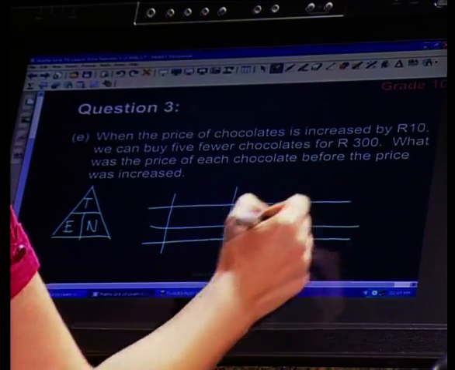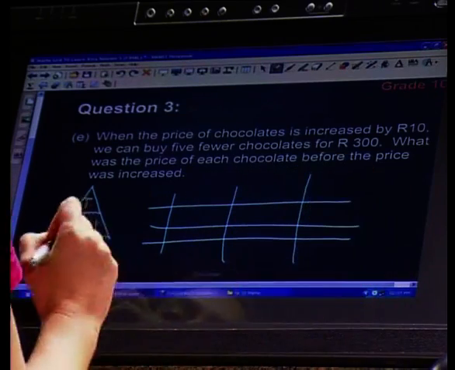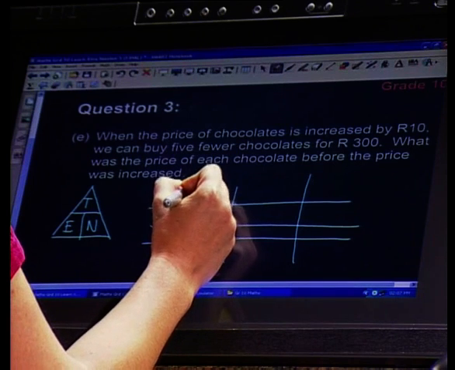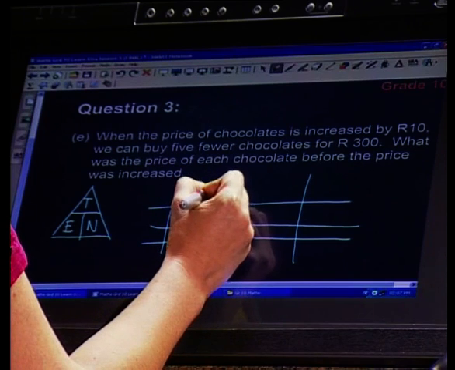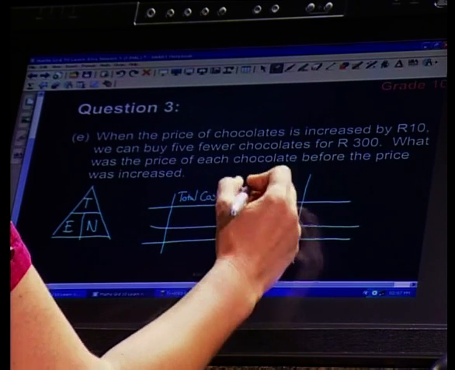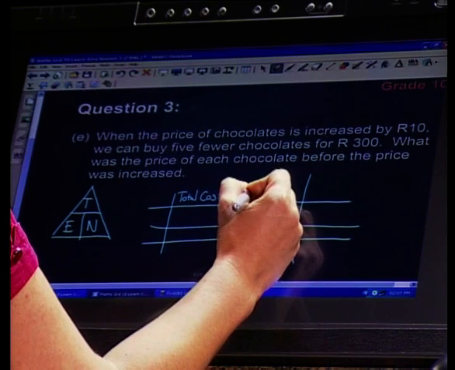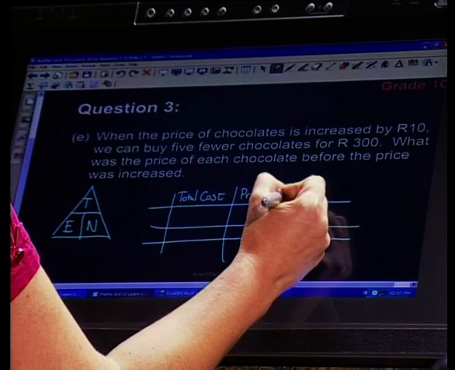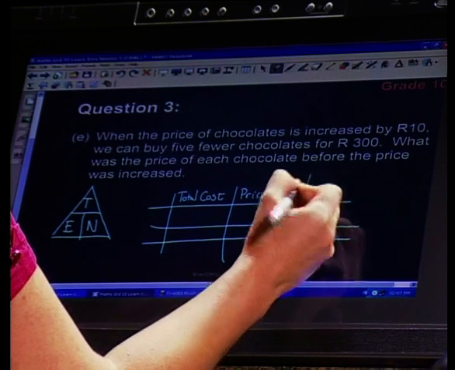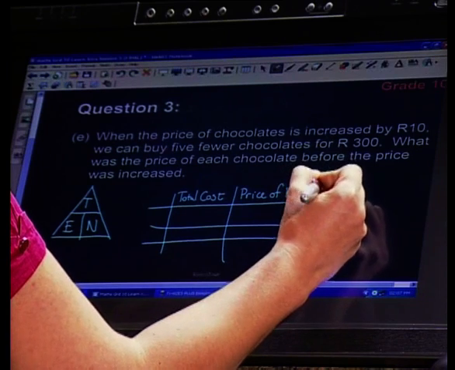Remember, this is just your own calculation, so there's no reason for it to be hugely neat. I'm going to write total cost, price of each, and lastly, the number of chocolates.